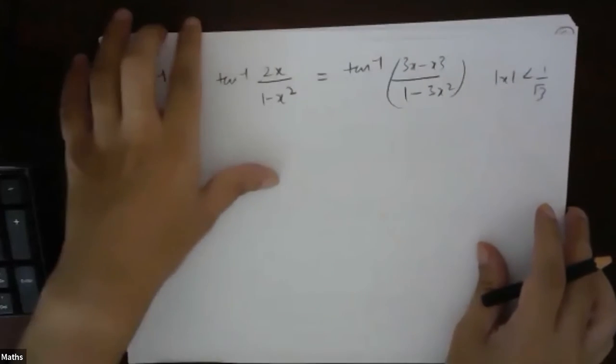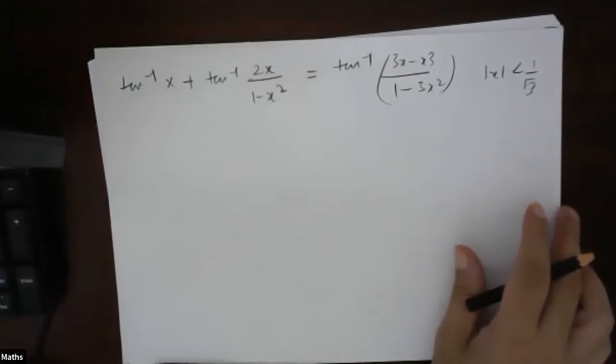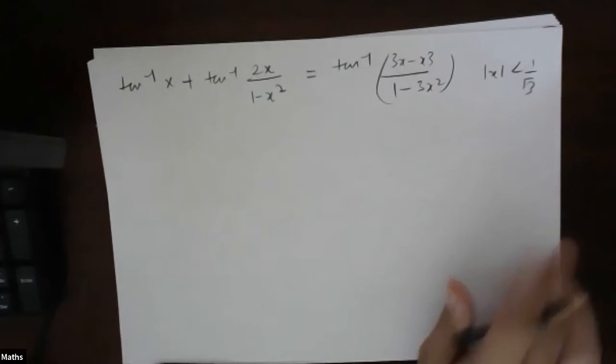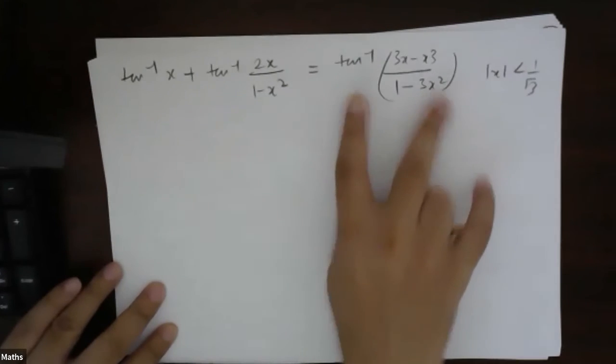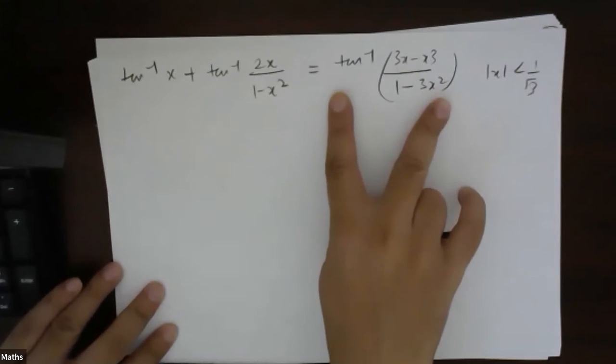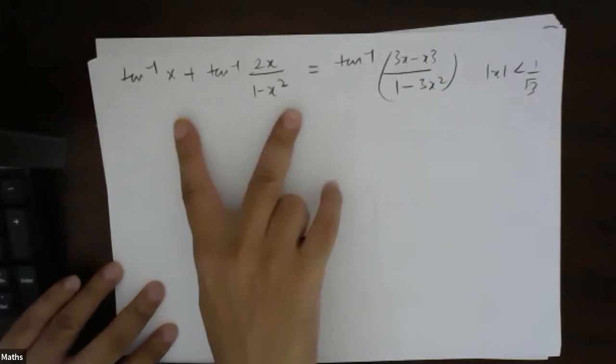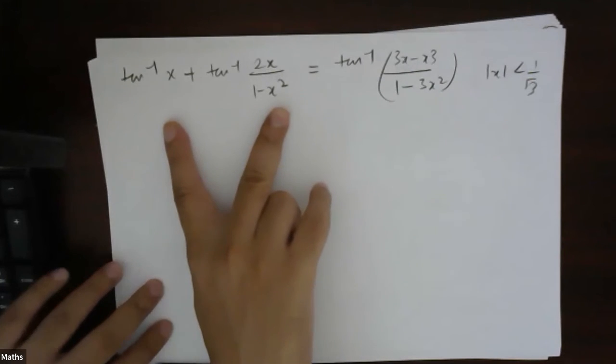First I will solve the way in which your NCERT book has solved. They have proved that RHS is equal to LHS. They have proved that this is 3 theta, and that this will also become 3 theta.